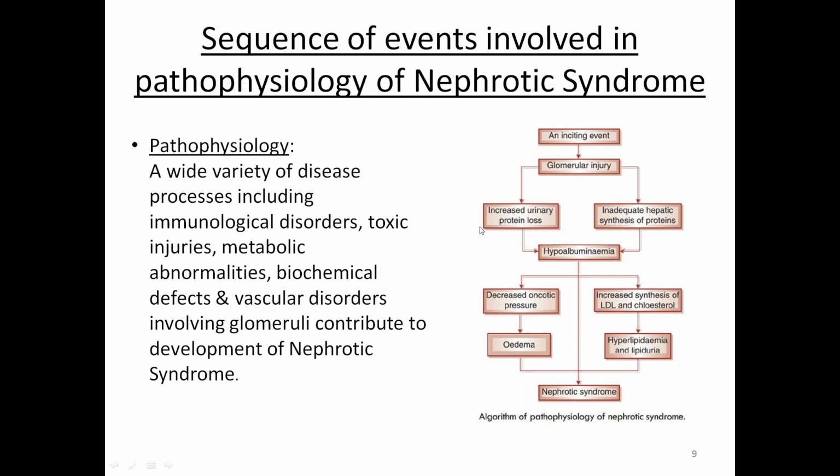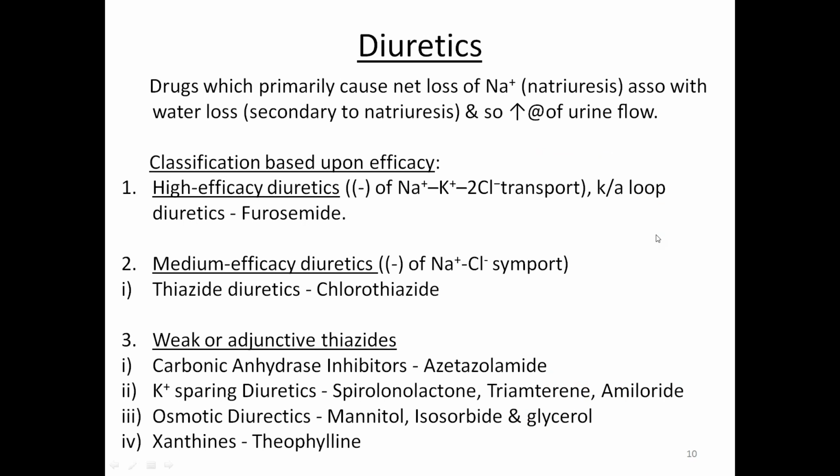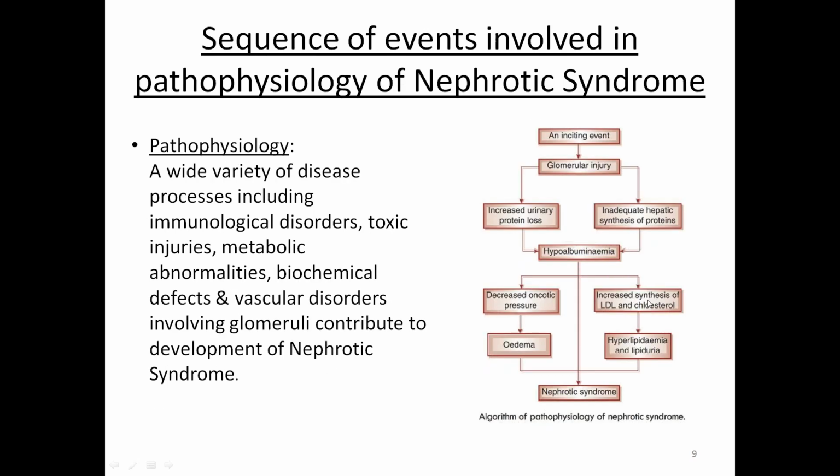That will lead to two things: increased urinary protein loss, or hypoalbuminemia, or inadequate hepatic synthesis of proteins. So hypoalbuminemia means less albumin is getting formed. This will lead to decreased oncotic pressure and edema, and increased synthesis of LDL and cholesterol, which will lead to hyperlipidemia and lipiduria. So overall, this leads to the development of nephrotic syndrome.